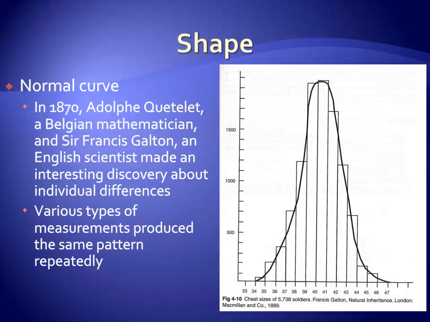Let's start with shape. By now, you should have heard a lot of discussion around the normal distribution. The normal distribution is something that we rely on a lot in statistics. It was discovered by a Belgian mathematician in 1870.